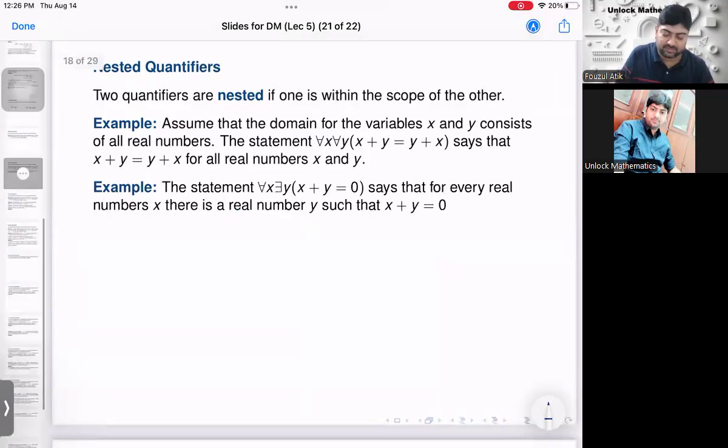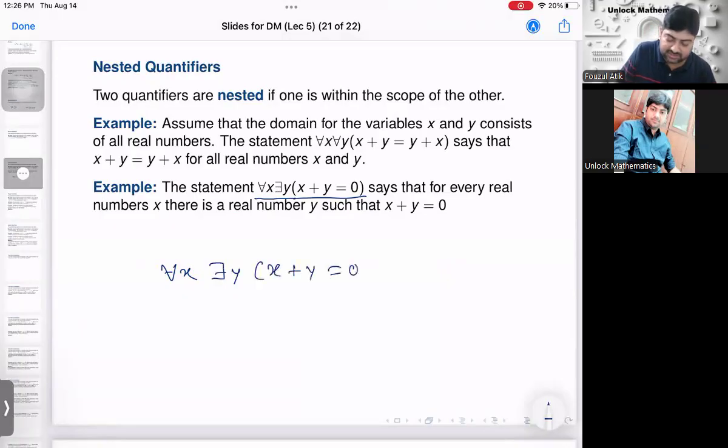Then we have one more example: for all x there exists y, x plus y equal to 0. What does it mean? For every real number x, where the domain is all real numbers, there is a real number y such that x plus y equal to 0.